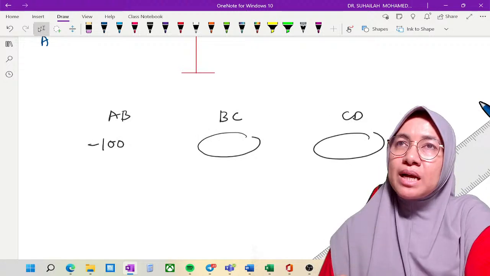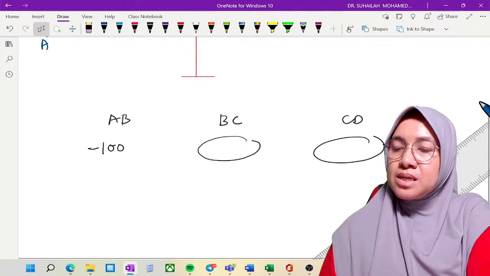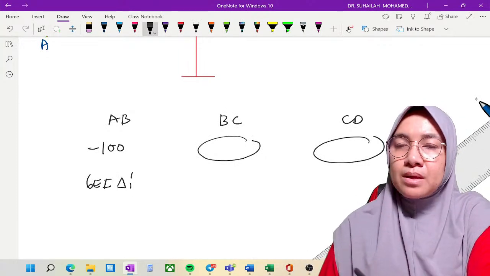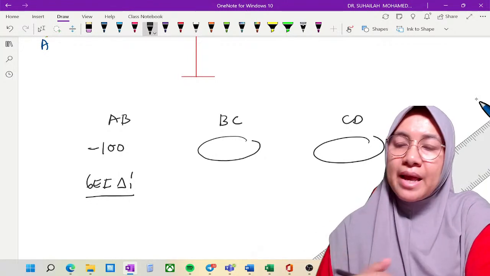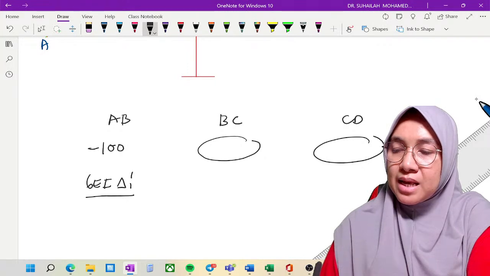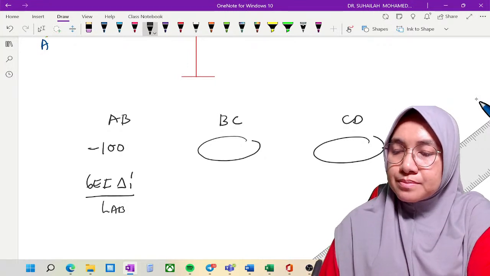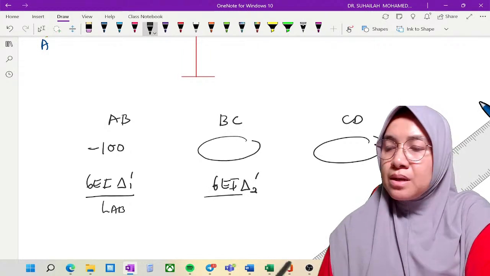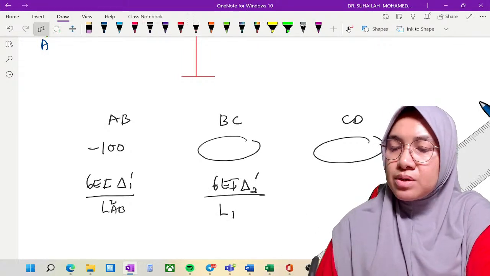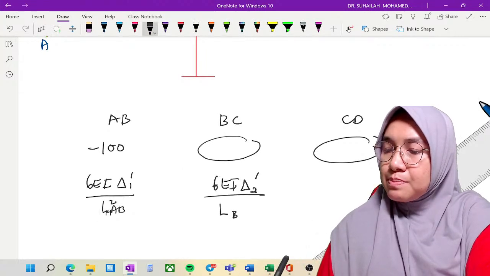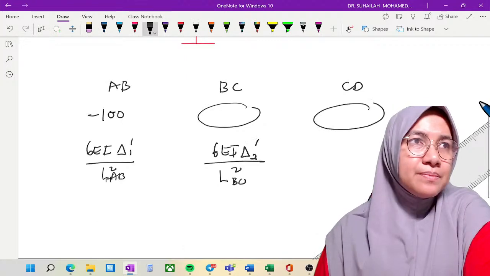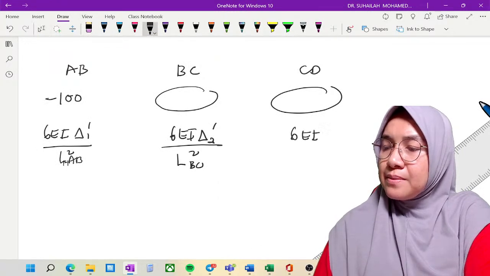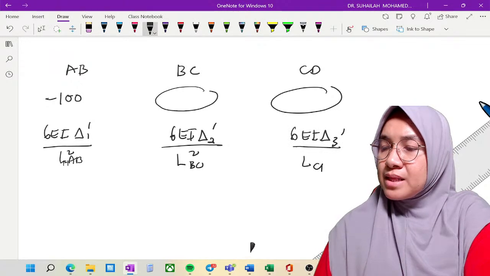FEM is 6EI delta 1 divided by LAB for AB, and then 6EI delta 2 prime over LBC squared, and then 6EI delta 3 over LCD squared.